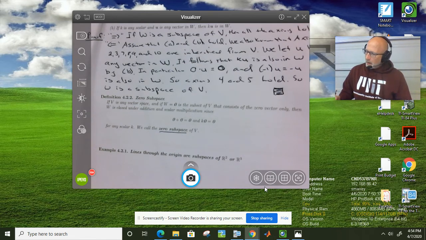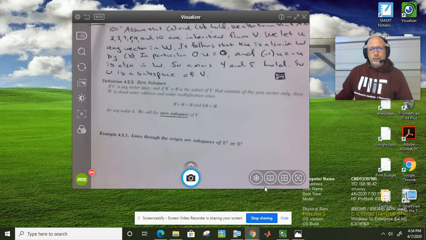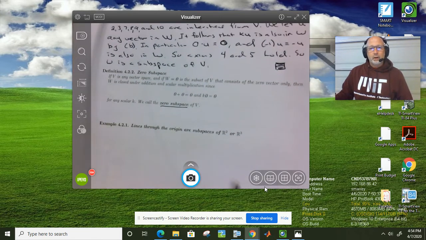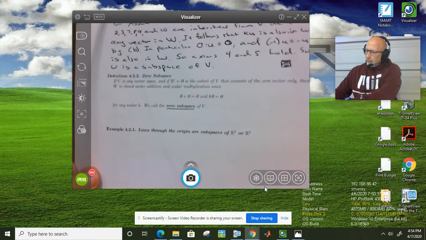Okay, lines through the origin are subspaces of R2 and R3. What do I mean by that?